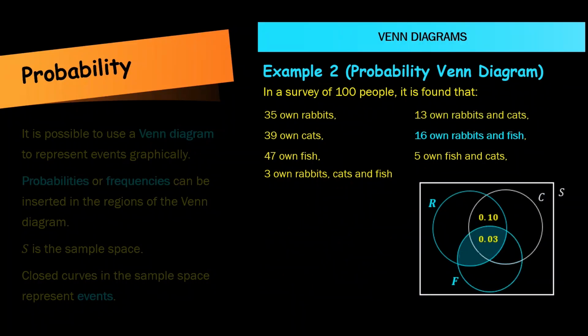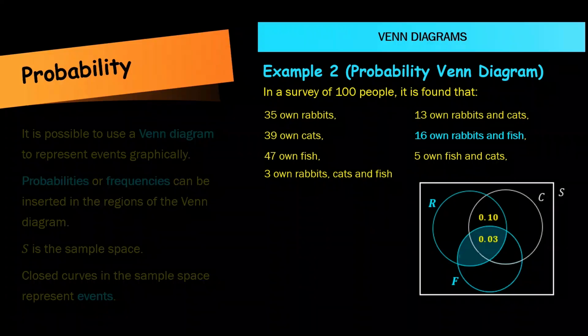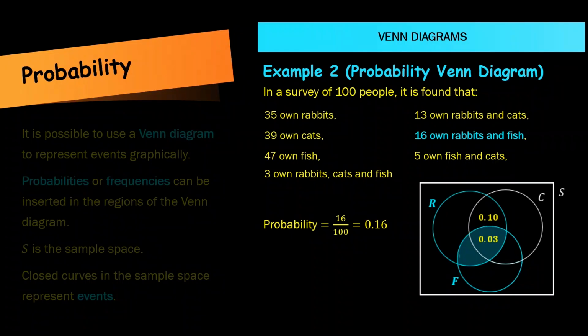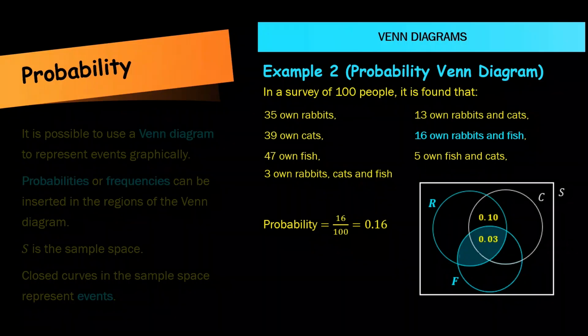There are 16 people who own rabbits and fish. Therefore, the probability that somebody owns rabbits and fish is 16 out of 100, which is equal to 0.16. This is represented by the shaded region in the Venn diagram.